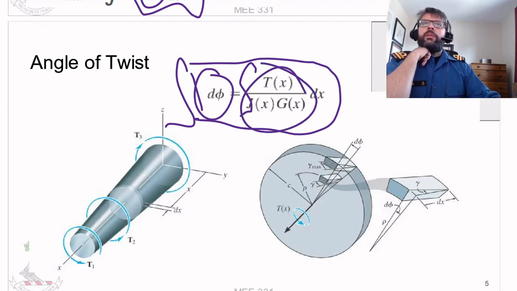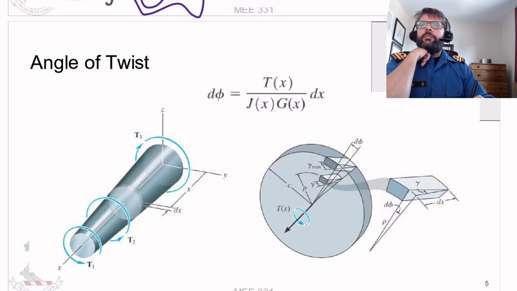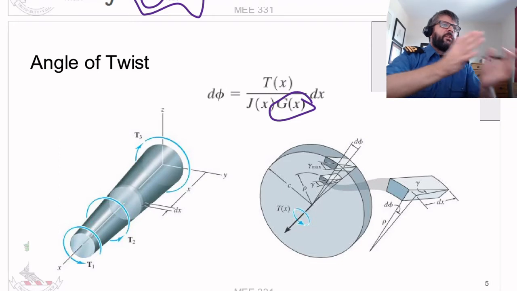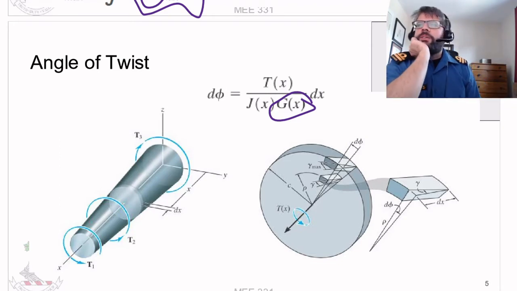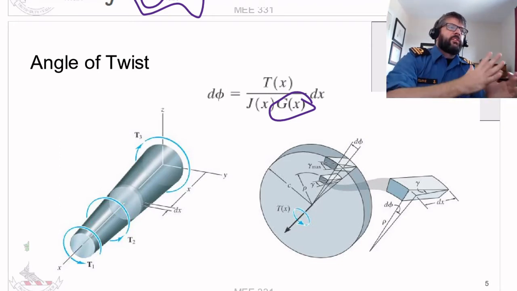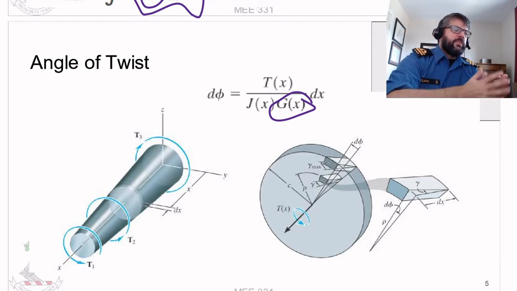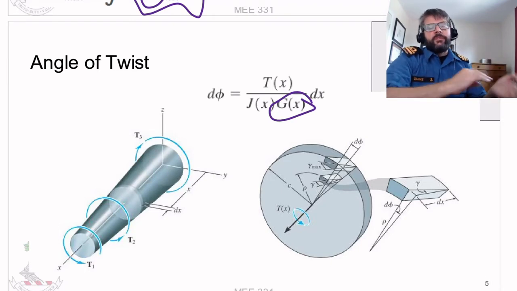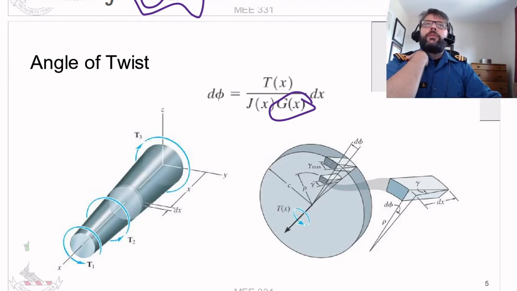Generally speaking, most of the time you're not going to have the G changing. Your material properties tend not to vary with distance, except in terms of discrete chunks. You might have a section of the shaft that's made out of one material and another section that's made out of a different material. So that could happen.